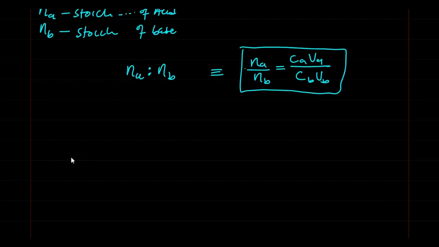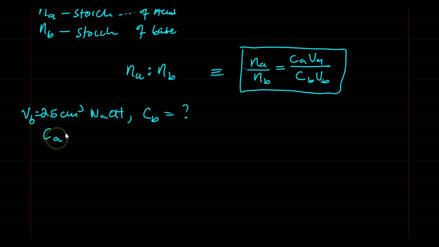So let me write my data again. We were given 25 cubic centimeters of sodium hydroxide, that's the volume of the base, Vb. The concentration of the base, which is the concentration of sodium hydroxide, was not given.